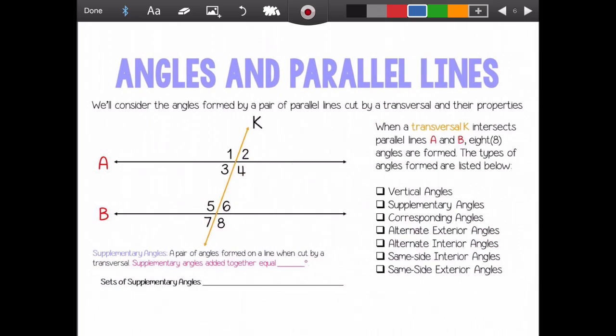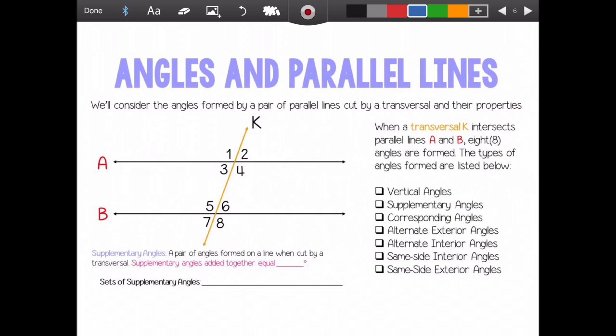Let's move to supplementary angles. A pair of supplementary angles formed on a line when cut by a transversal. So when we look back at those angles on that third page, supplementary angles are angles that are formed by a straight line, which is here, line A, then it's cut by this transversal.